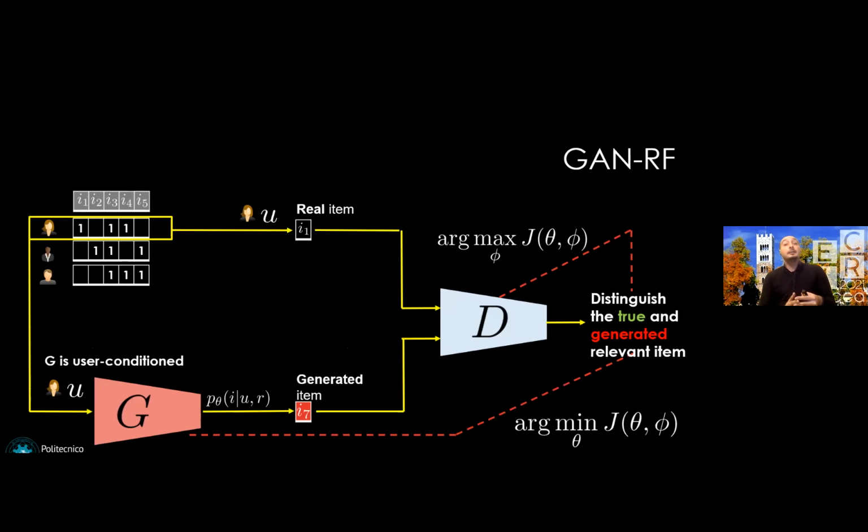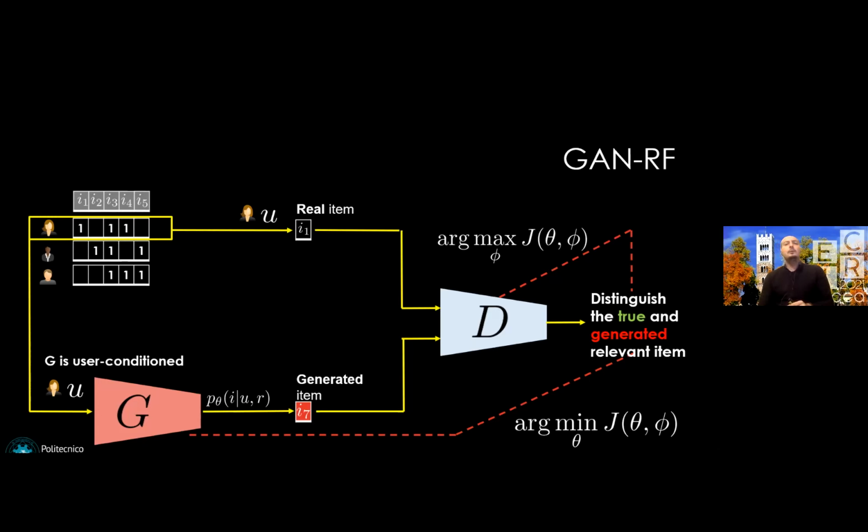The goal of the discriminator is to distinguish between the generated samples and the real ones. Now, in a recommendation task, we typically do not use classical GANs. We use a specific kind of GANs called conditional GANs. Here in the figure, you can see that both the generator and the discriminator are conditioned by the user information.